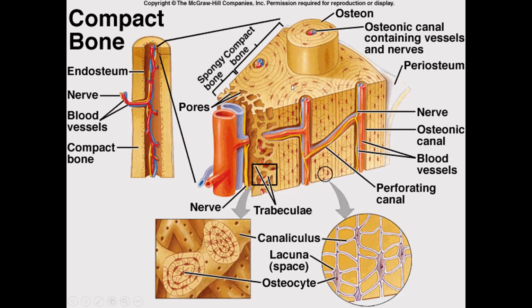So in this osteon, you see a ring of bone and another ring of bone and another ring of bone, and you see these little lines running through here. Those little lines are tiny canals that connect each lacunae to another lacunae. So every lacunae in an osteon can communicate with any other lacunae, because the osteocytes are in the lacunae itself.